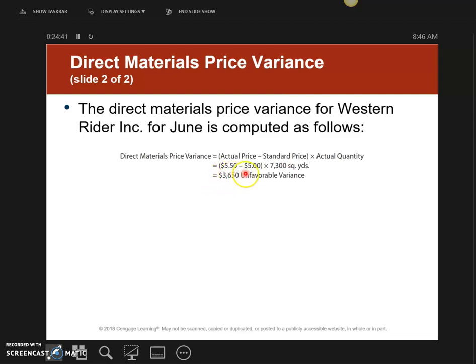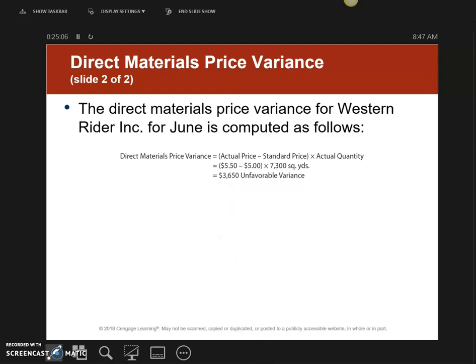So $5.50 minus $5 is 50 cents times my actual quantity of 7,300. So my direct materials price variance is unfavorable because it's positive by $36.50. So this is just 1/2 of the direct materials overall cost variance. This is just the pricing.